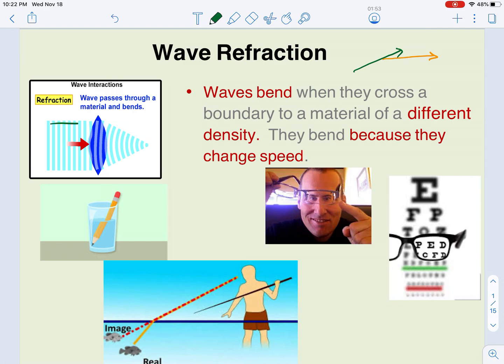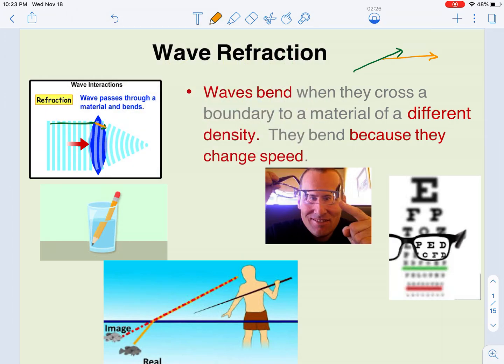So if we look at some of the images on this slide, we see over here on the far left-hand side that we have a light that is coming in, or some sort of wave, and it enters into whatever that dark blue substance is. So it's in one environment, whatever our white background is supposed to be, and then it enters into a different environment, a different material or medium, whenever it enters that blue section.